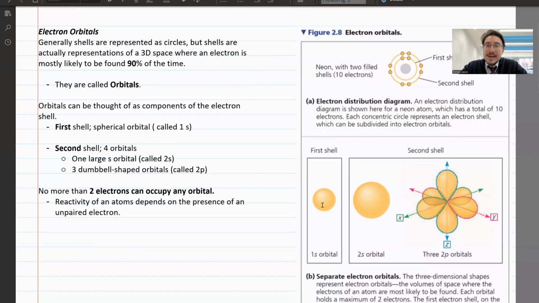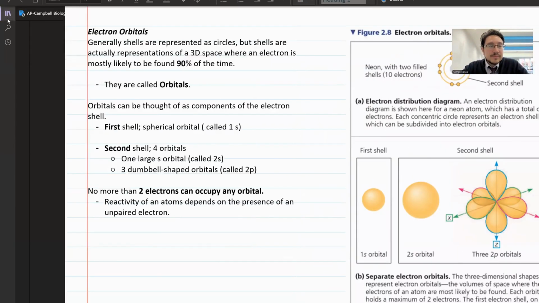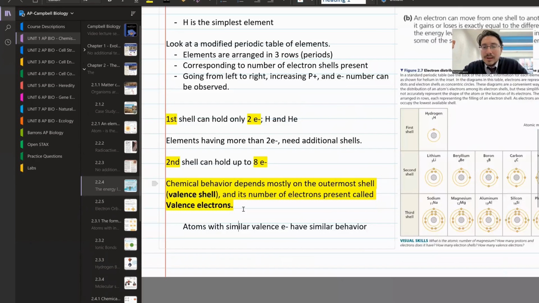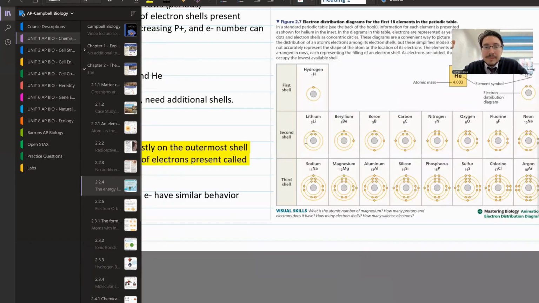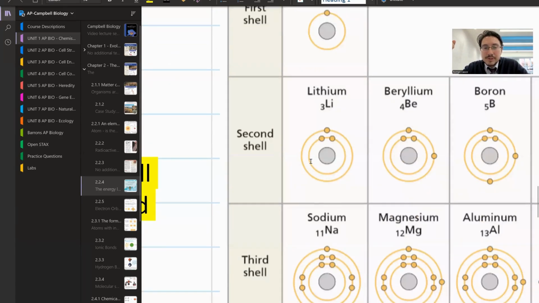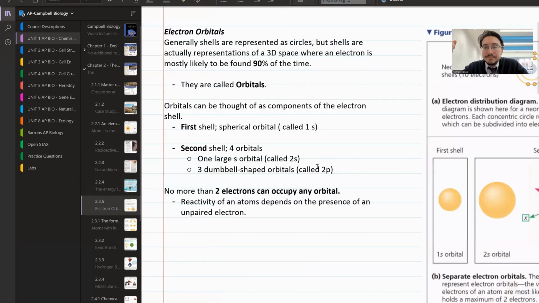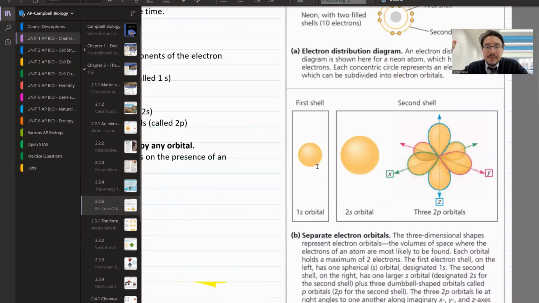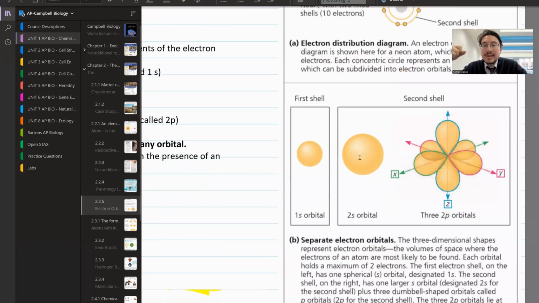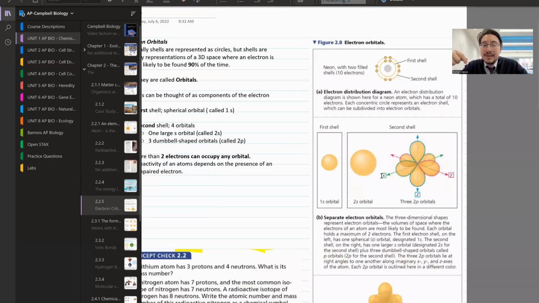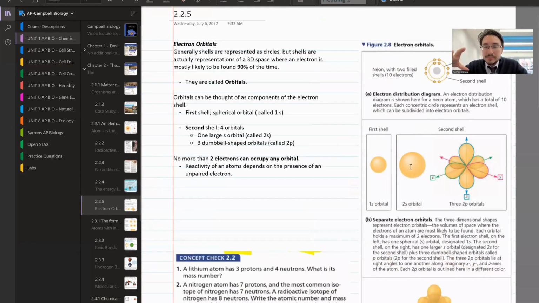And if you have an atom, let's say lithium, that has three electrons, just to show you the visual here, you have the first shell and the second shell. The second shell itself would have a spherical orbital, and then it would have these little dumbbell forms of orbitals, depending on whether you have more and more electrons.